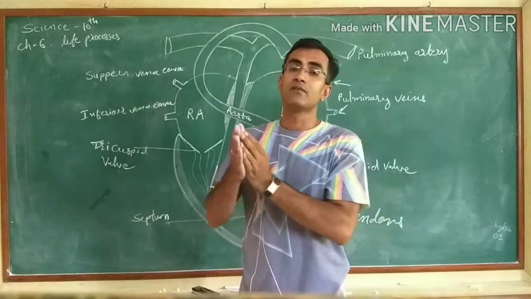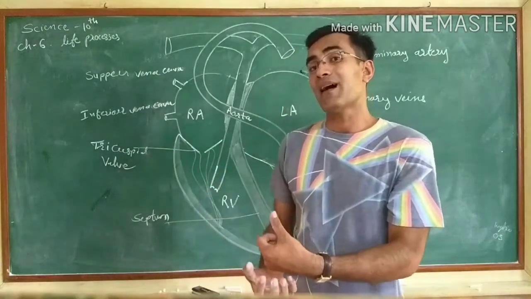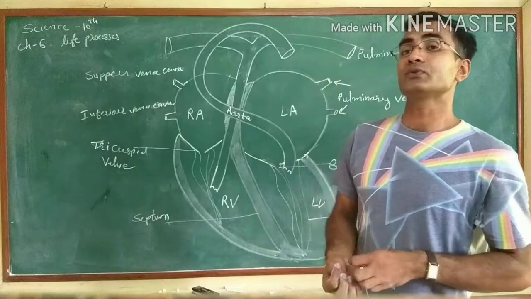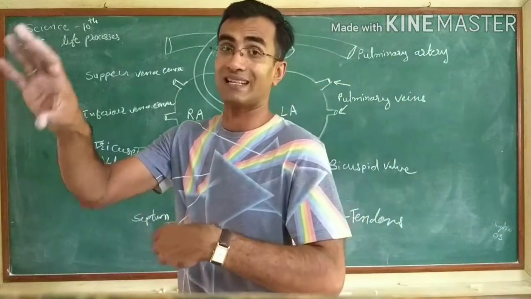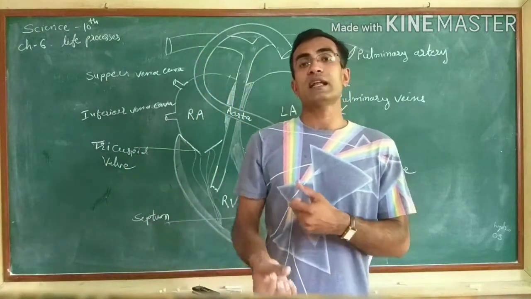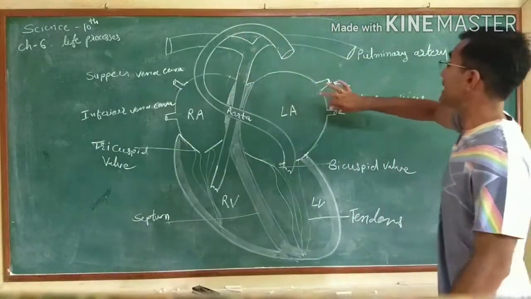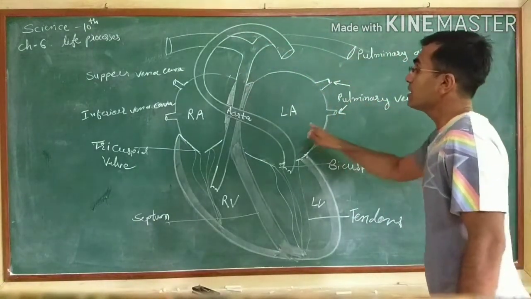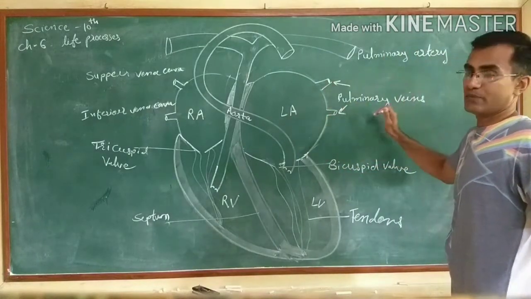Deoxygenated blood which was brought from the different body parts will now go into the lungs to get oxygenated. They will give the carbon dioxide back to the lung, and from the lung they will absorb the oxygen and bring it back. So they will go into the lungs, get oxygenated and come back into the left atrium through the pulmonary vein.